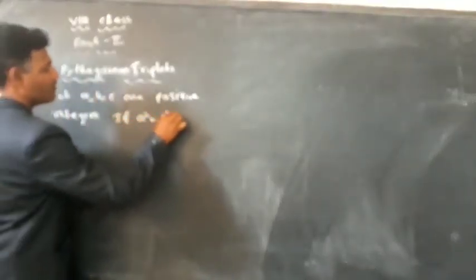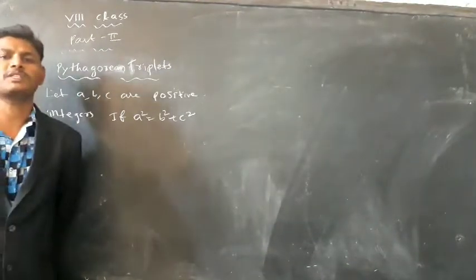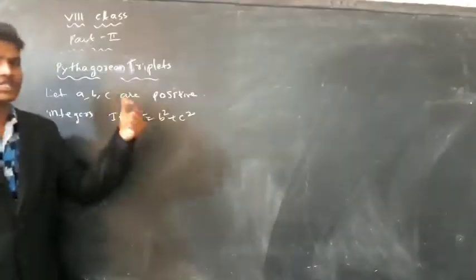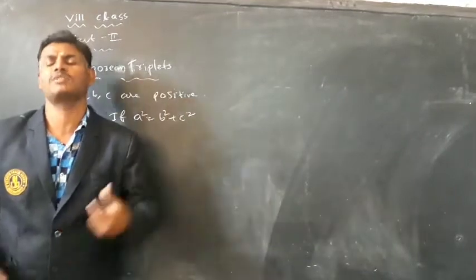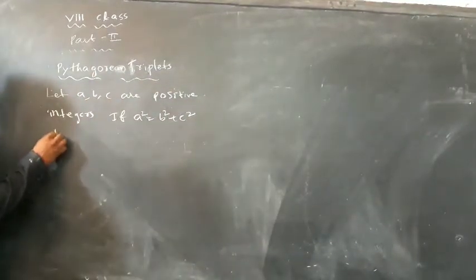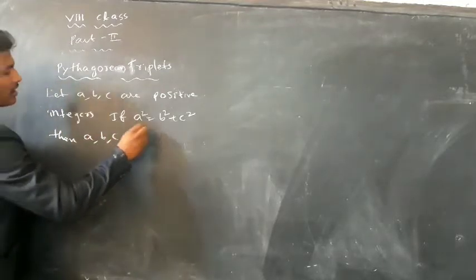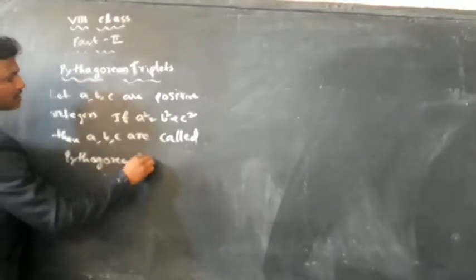If a square is equal to b square plus c square, it means the square of one number is equal to the sum of the squares of the other two numbers, then a, b, c are called Pythagorean triplets.